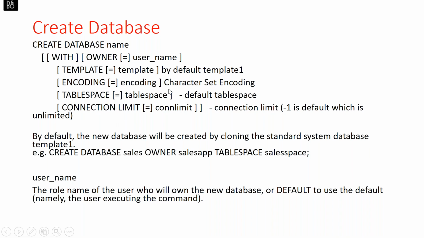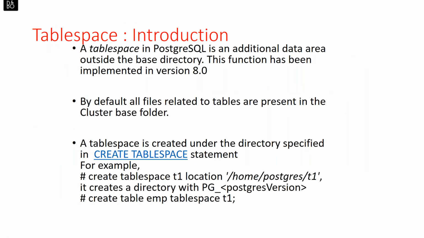If in the create database command I have specified some table space T2, but I say create table in T1, it will definitely go to T1. So create table overrides; this is the master's order. The default table space is T2, but I put T1, so it will go to T1.